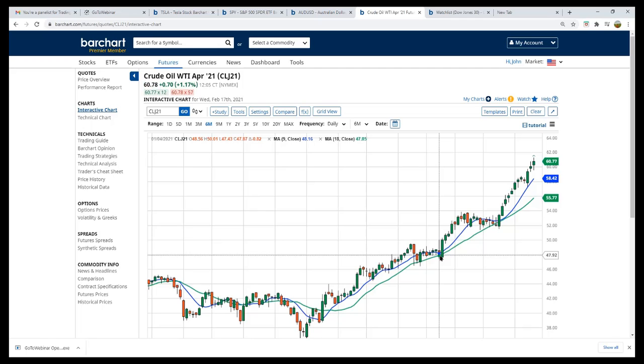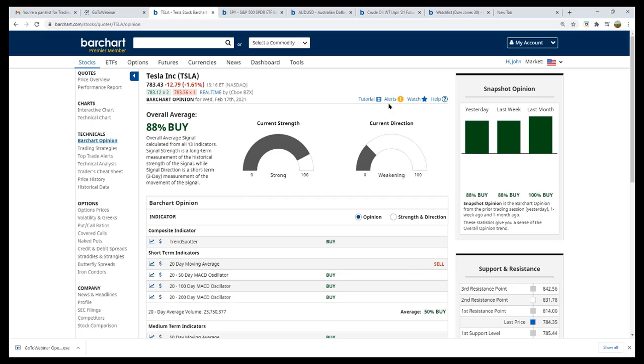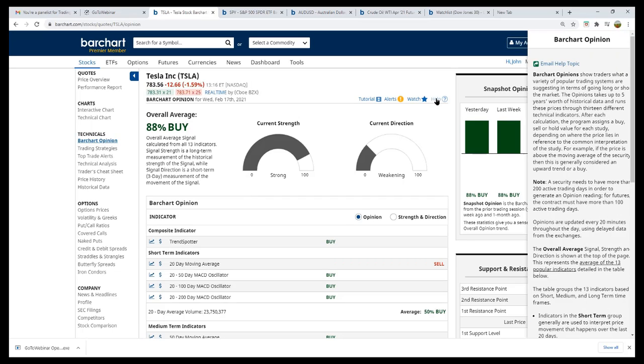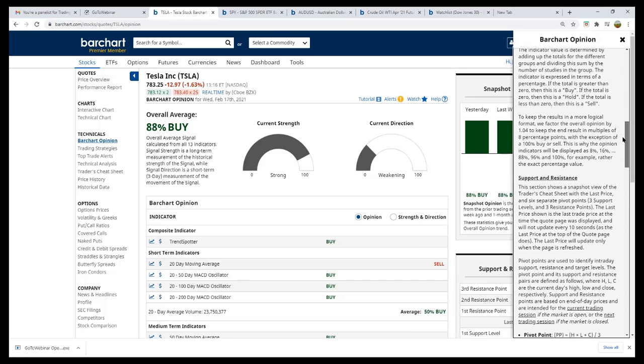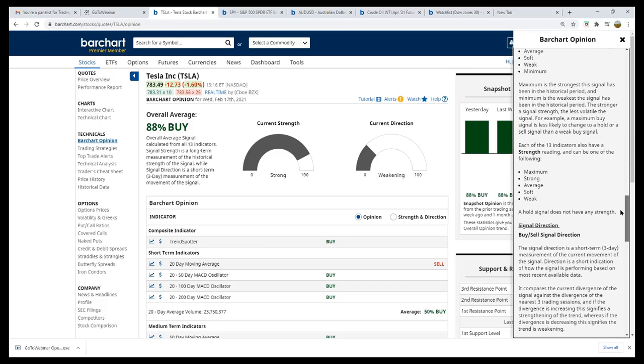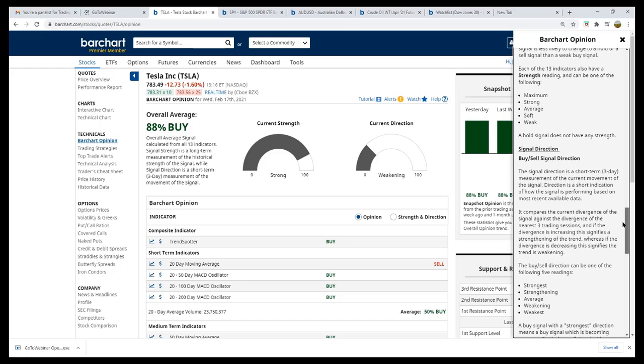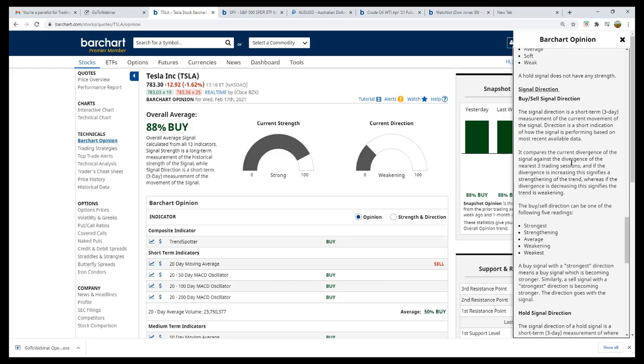Now, let's go back to Tesla here. And the other thing I wanted to talk to you about is, again, that concept of divergence, right? Notice it says here it compares the current divergence, and that's what they're talking about.